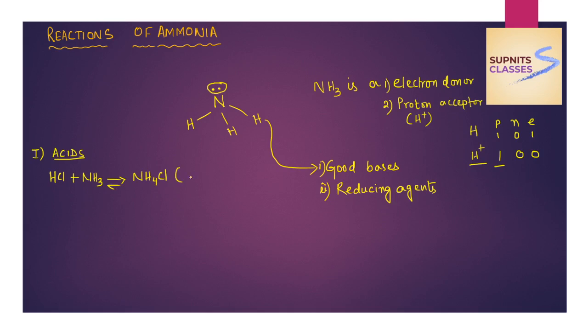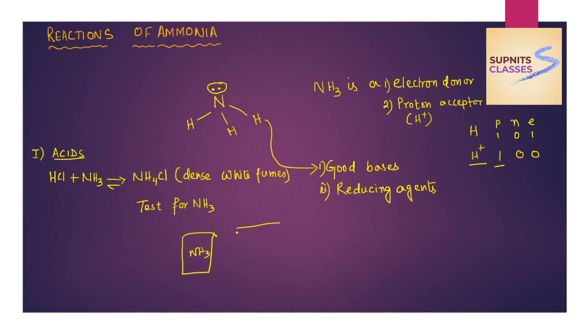Okay, and this has a characteristic dense white fumes. Dense white fume characteristic. It can be used as a test for ammonia. How? Suppose there is a jar of ammonia gas.